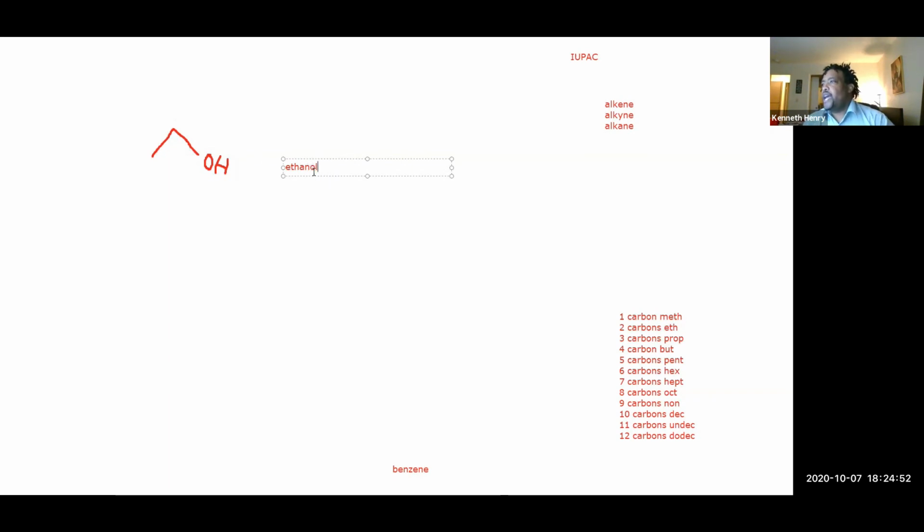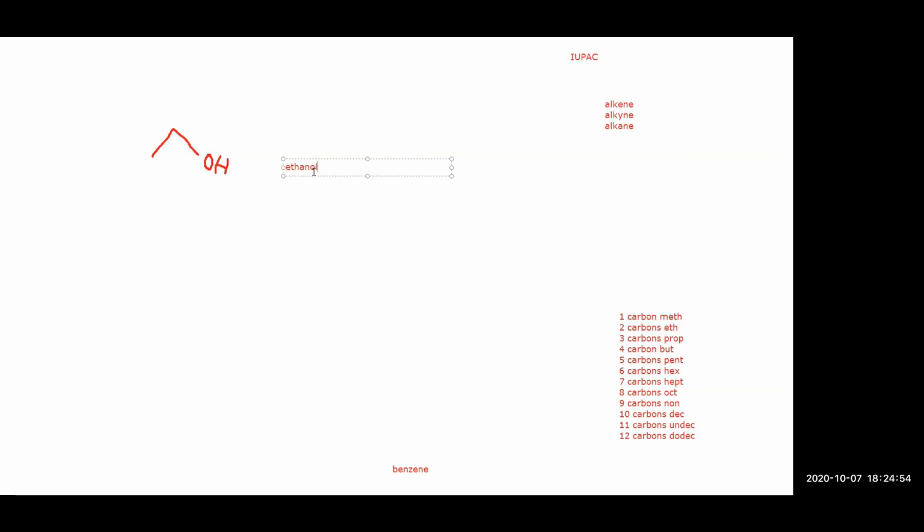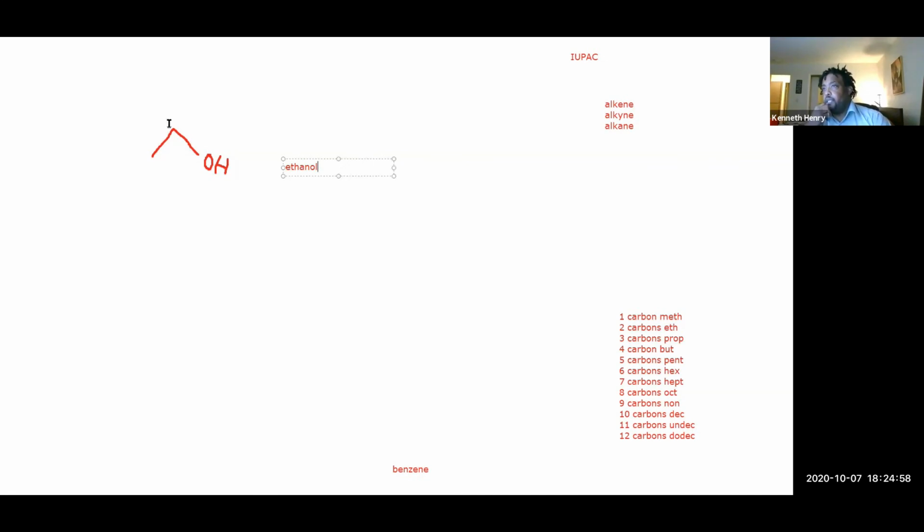We just put OL at the end of it. Ethyl, no double bonds, so that's why we use the AN, and then OL means that we have the OH. Alcohols are going to have an OL at the end of them.